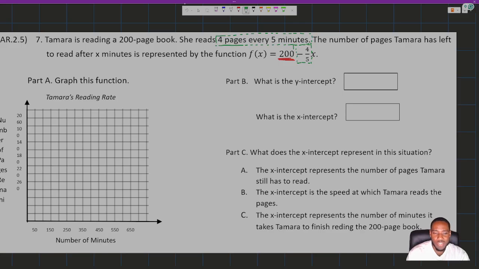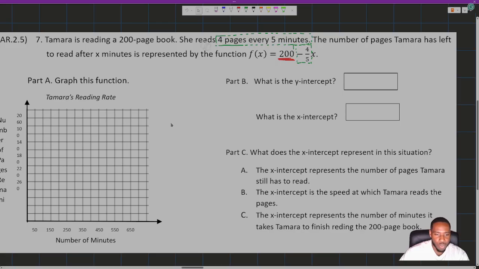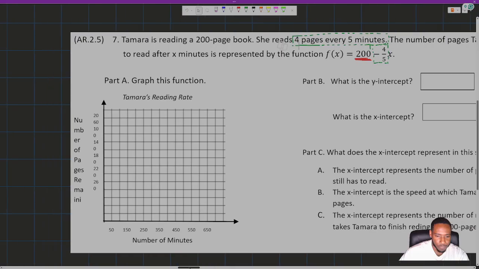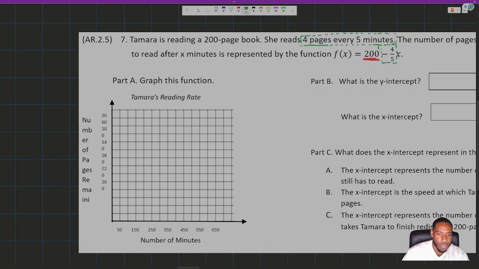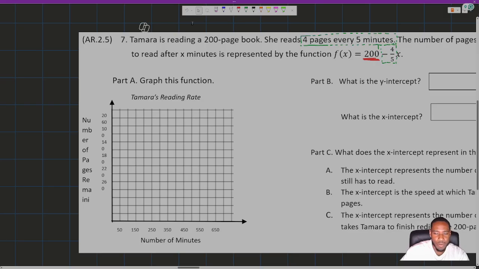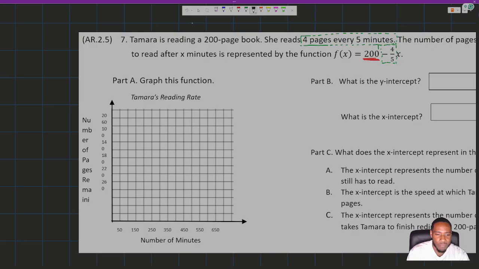So they ask us a couple of things, the first of which is to graph the function. So we'll go ahead and do that. This is formatted kind of strangely here, so I'm going to try my best to make it out. I don't know why this is reading like this, but maybe the best thing to do here is to just make a quick labeling system ourselves.